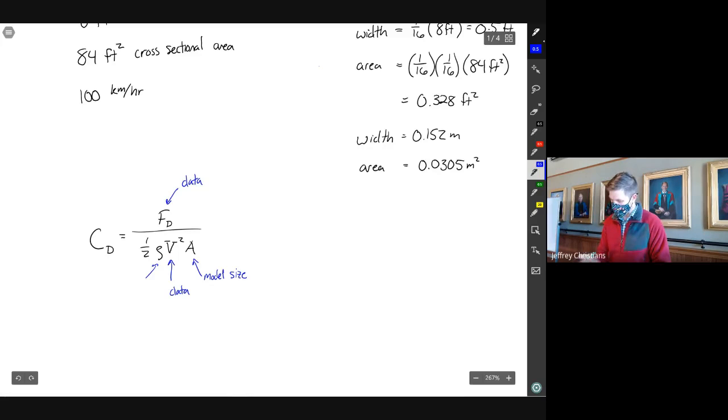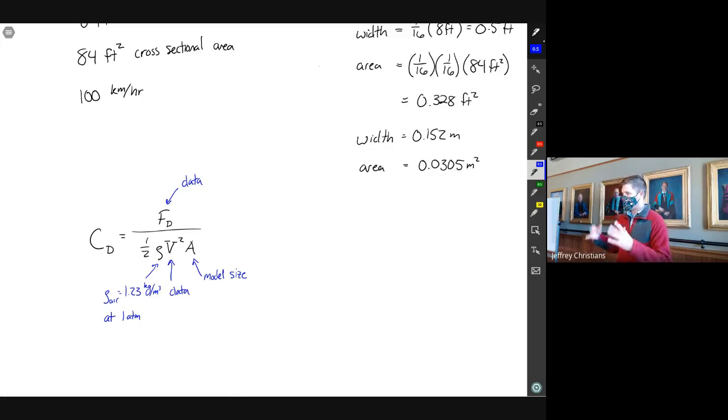And we know the density of air is 1.23 kilograms per meter cubed at 1 atmosphere. So we actually know all of the different pieces for our drag coefficient, so we'll be able to calculate that.